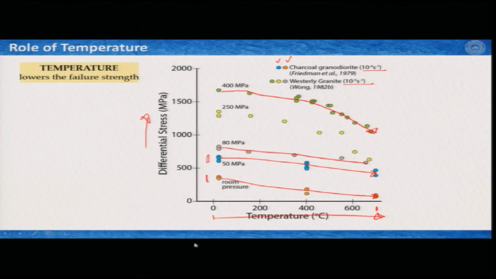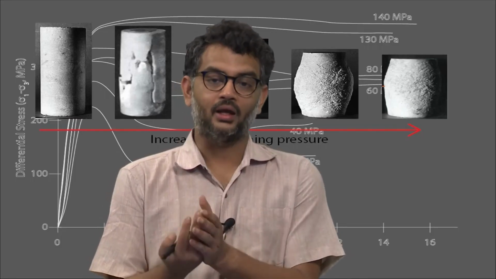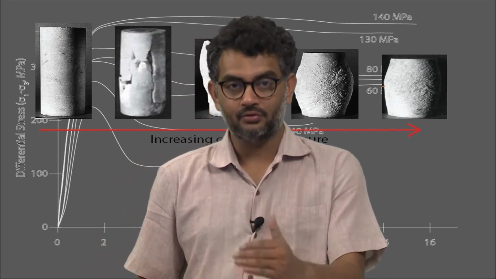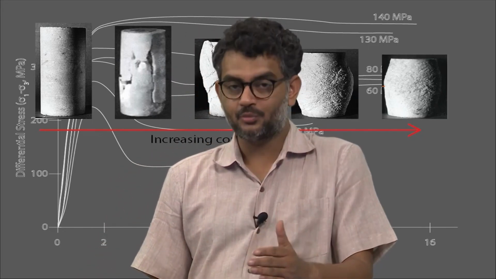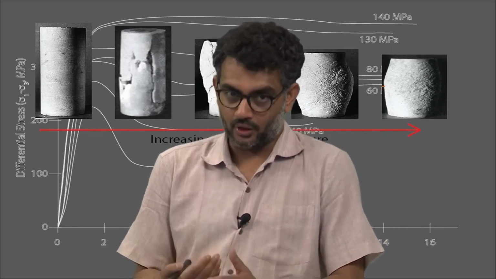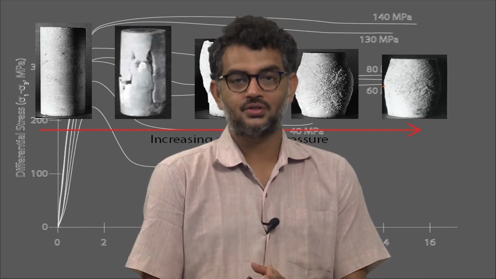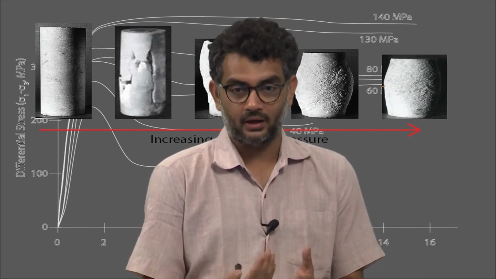So, this kind of relationship one can obtain, that okay, I change the temperature, but I observe it at different confinements. That means at different depths, if I increase the temperature, what is going to be the behavior, whether the strength change or flow stress change is linear or nonlinear, and so on.